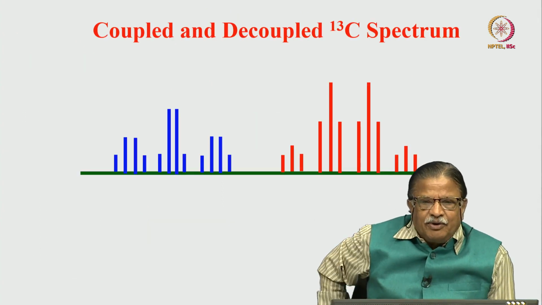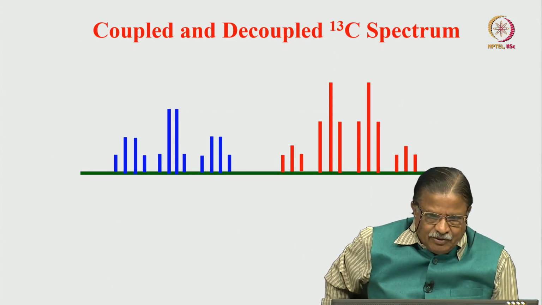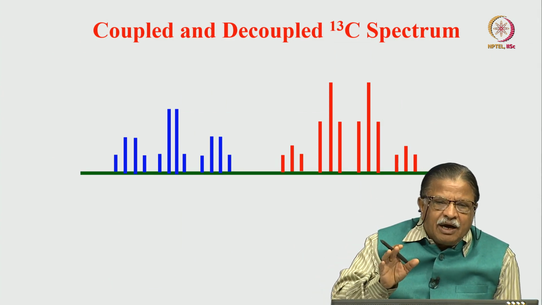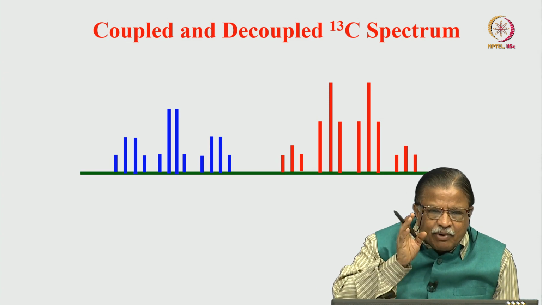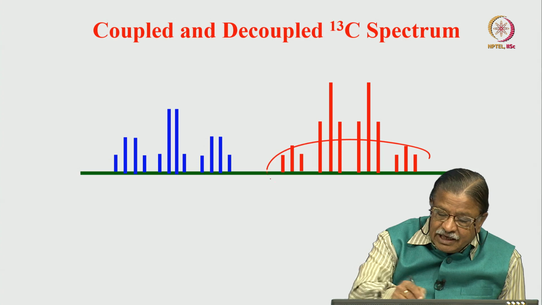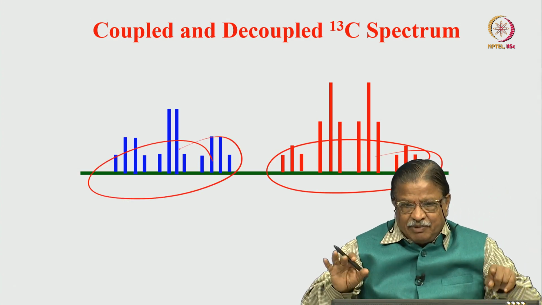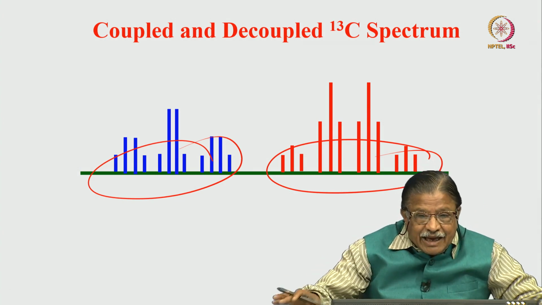But what we generally do, as I told you in the beginning itself, is that all the carbon spectra are recorded with broadband proton decoupling. That means all these HH couplings, 1 bond and 3 bond CH couplings, will be completely removed.